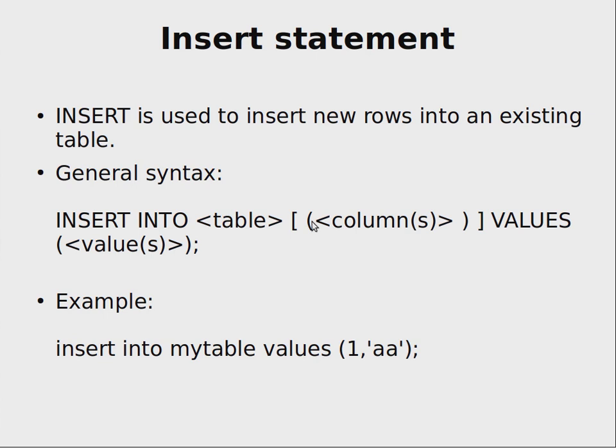So if you say ID and surname in columns, then you just say ID and surname as actual values. And here the example is again the most trivial case. You say insert into table values 1 as a number and AA as a string. So this value will be put in the first column and this value will be put into the second column.